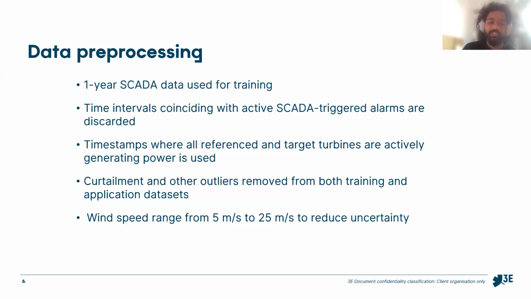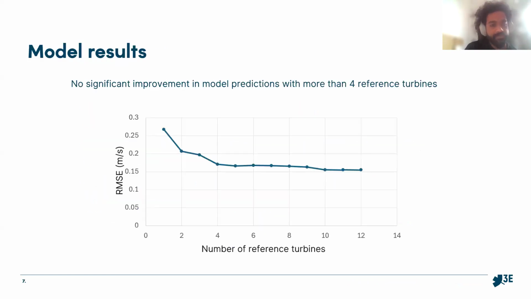And as I told, we use timestamps for training and prediction when all the turbines in the wind farm are producing power, or at least the ones we use as reference and training are producing power. That's the data pre-processing, and as I told, it's explained in detail in the paper as well.